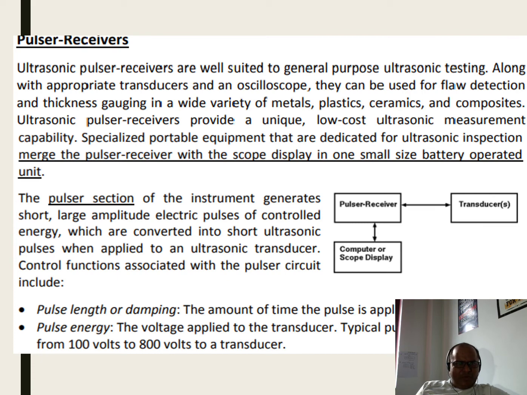Specialized portable equipment dedicated to ultrasonic inspection merges the pulser receiver with the scope display in one small battery operated unit. The pulser section of the instrument generates short, large amplitude electric pulses of controlled energy, which are converted into short ultrasonic pulses.